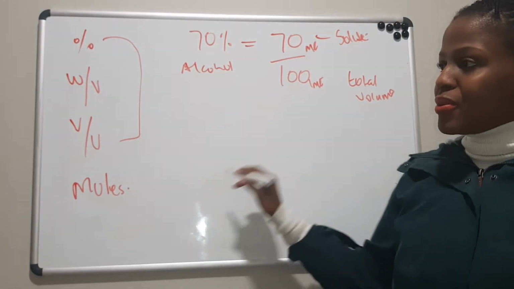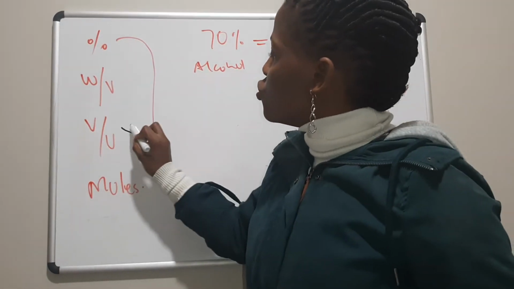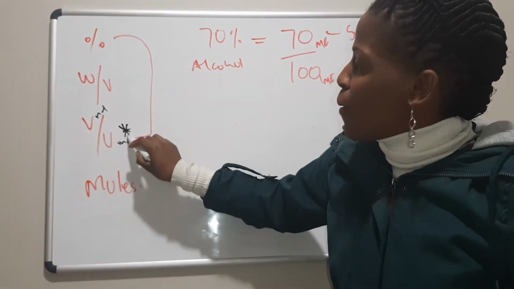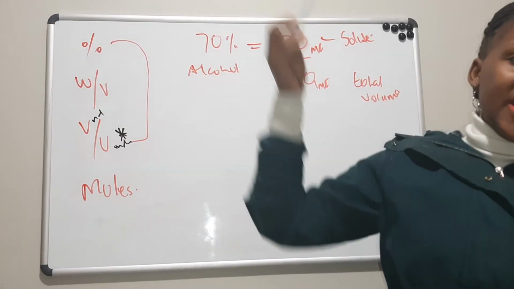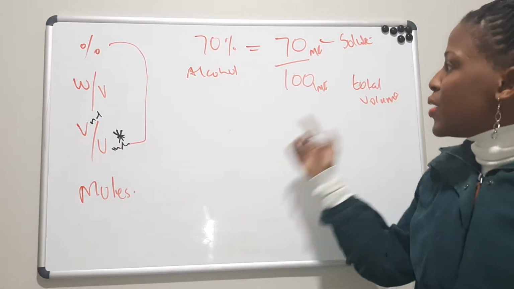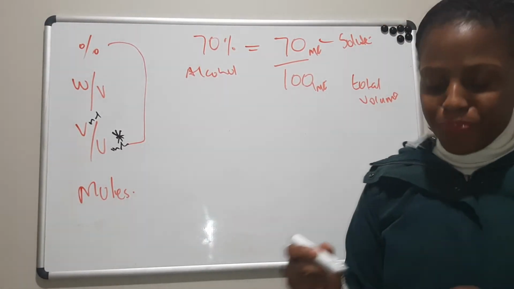So this example that I've just given to you is a volume over volume example, because we are talking about mils over mils. Because we are speaking about a liquid and a liquid, at the end of the day we top it up. But you will understand as we start doing the calculations in the next video.